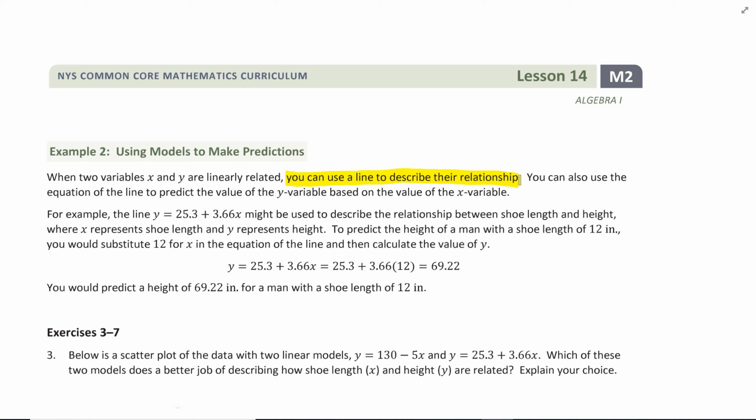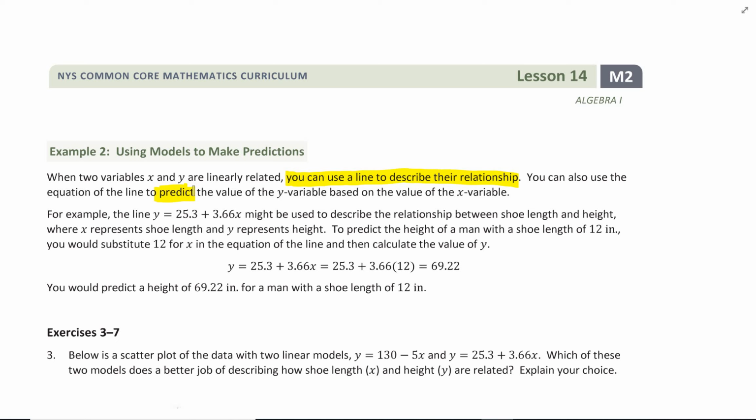Whether it be linear, exponential, quadratic, or some other type, they still make it fit a certain type of equation. Now it says you can also use the equation of a line to predict. That's also the big thing here, guys, is predicting. We don't just do this just to do it. We do this to make informed predictions.